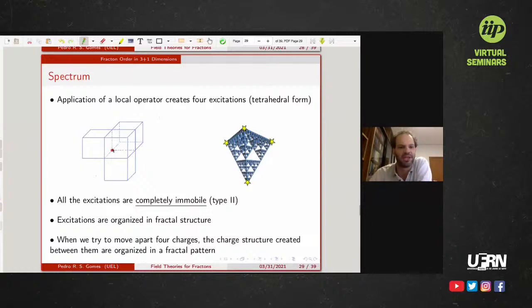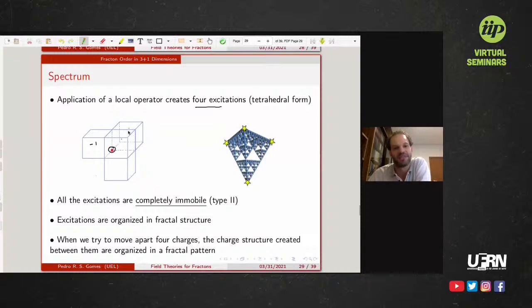The application of a local operator at a point of the lattice again creates 4 excitations, but now in a slightly asymmetrical way, forming this tetrahedral structure. Here are the cubes with the corresponding eigenvalues -1. So we have these 4 excitations.